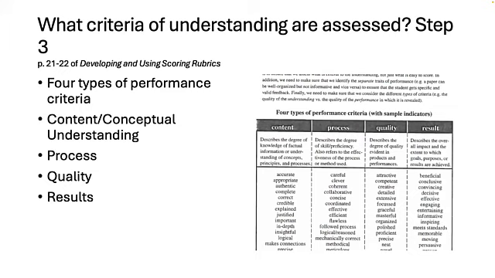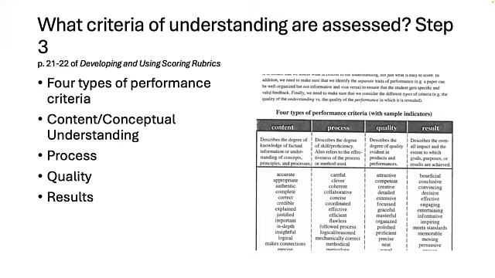What criteria of understanding are assessed? So this is step three. Four types of performance criteria are located here. You have content, process, quality, and the results, right? Content or conceptual understanding is one performance criterion.